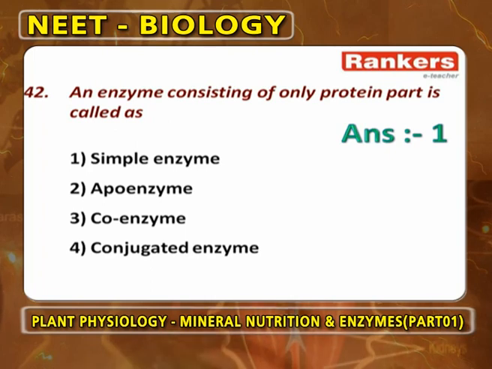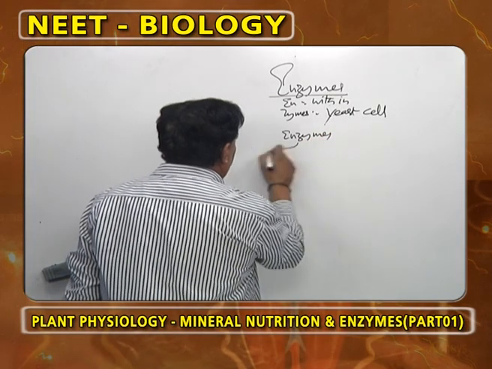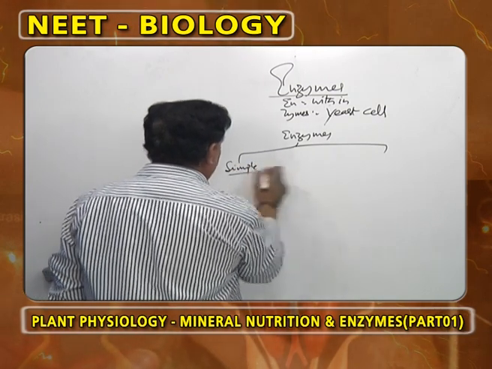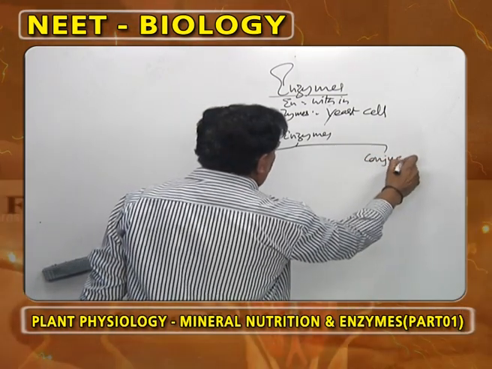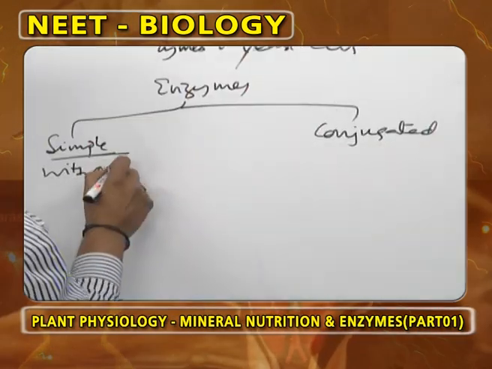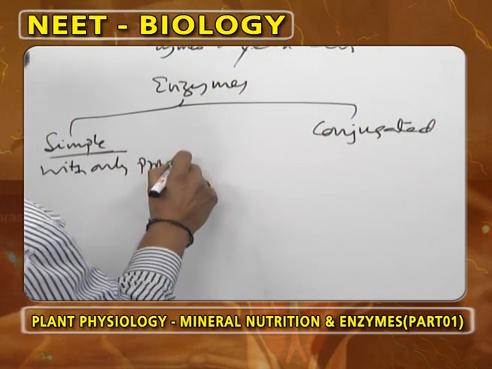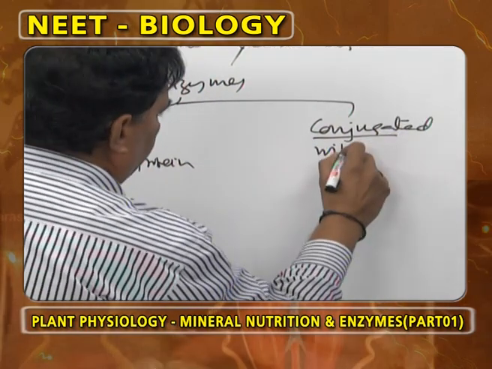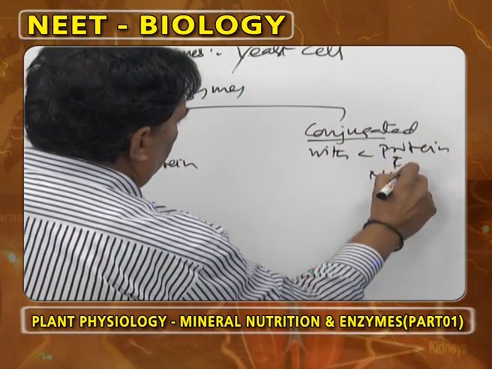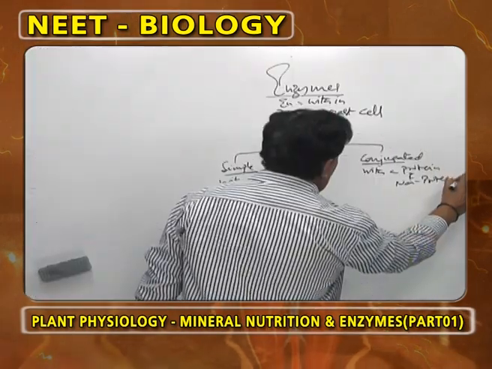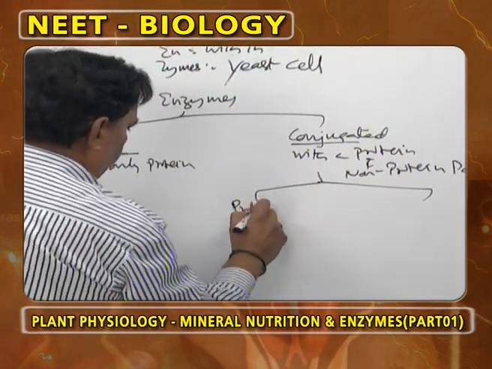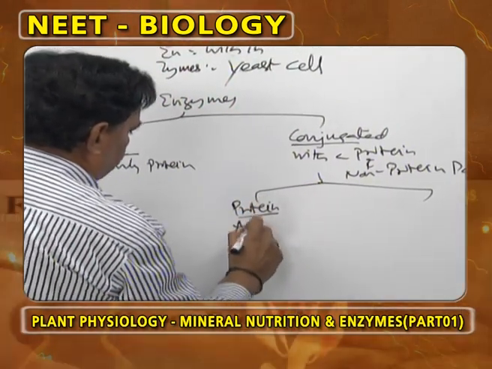Enzymes are broadly classified, based on their proteinaceous nature, into two types: simple enzymes and conjugated enzymes. A simple enzyme is with only protein. A conjugated enzyme is with a protein and a non-protein part. The protein part is called apoenzyme.